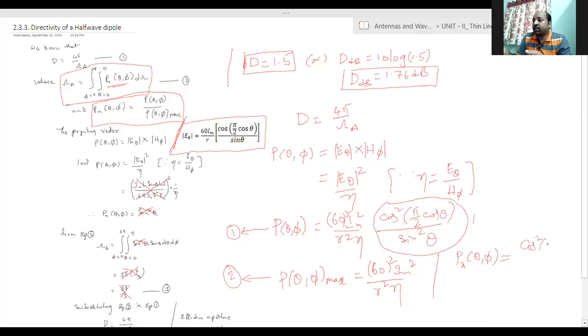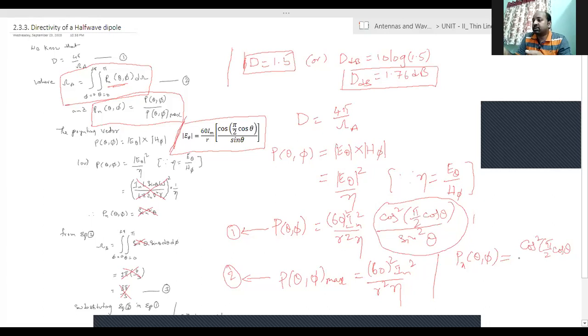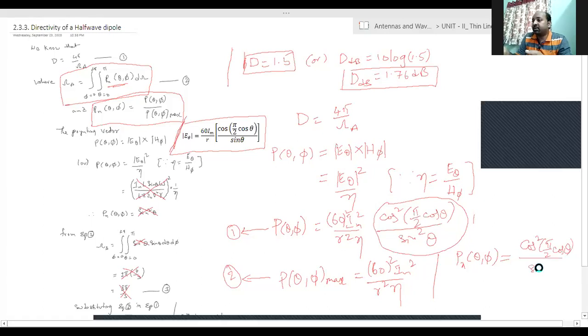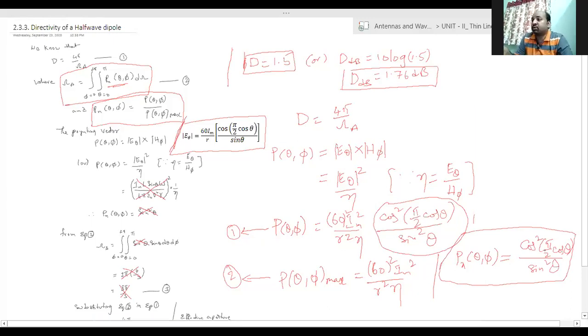Cos square(pi by 2 cos theta) divided by sin square theta. So Pn(theta, phi) is equal to cos square(pi by 2 cos theta) by sin square theta.